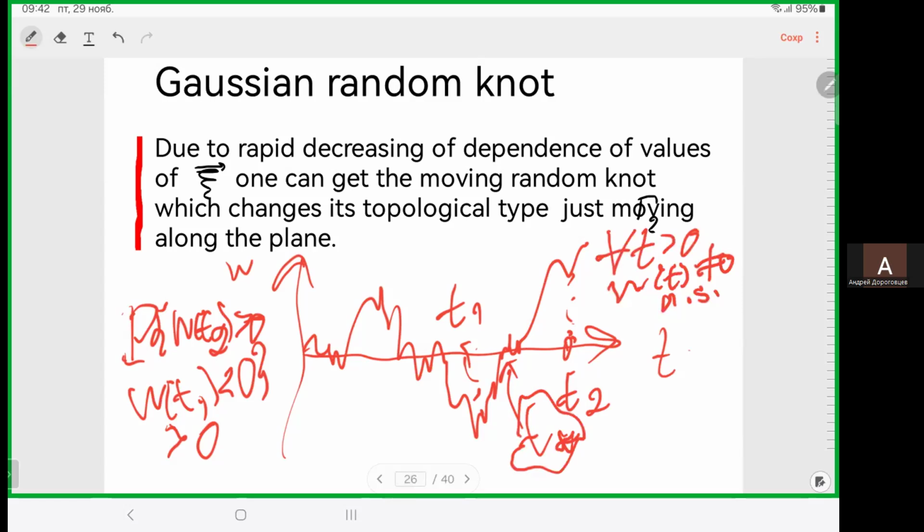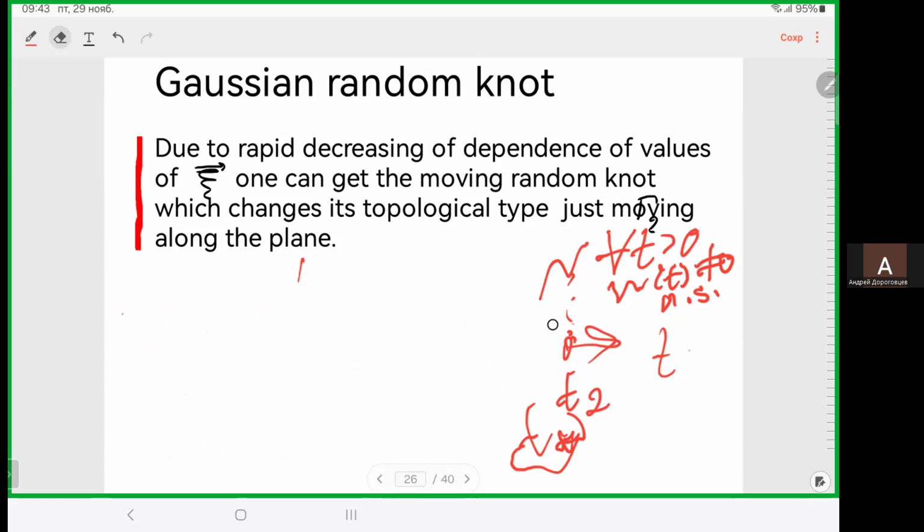This is the conclusion. Exactly the same happened with our random knot. It changed topological type many times between two fixed moments of time, but it changes at random moments of time. This is the explanation.